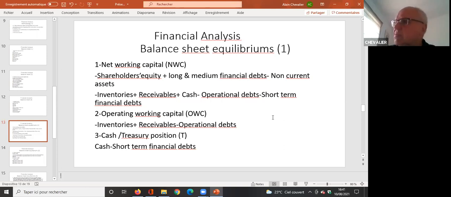When you go to the hypermarket, you think that the level of inventory will be very important because there are so many products and categories in the warehouse, but you think that we find a large value of inventories in the balance sheet. That is not true. The inventory level compared to the total of the balance sheet, and of course, the level of sales is very small.